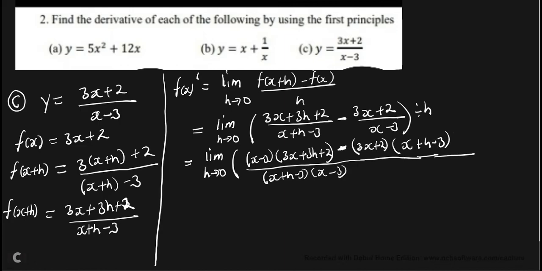Then remember that we're dividing, so let's multiply by 1 over h.